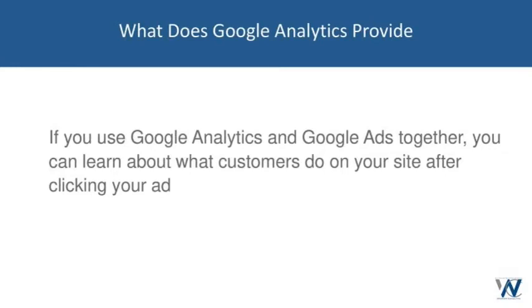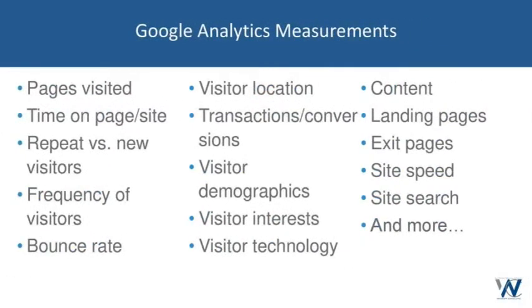If you use Google Analytics and Google Ads together, you can learn what your customers do on your site after they click your ad and even before they make the transaction. That gap of information, from click on the ad to transaction, is data you can take a look at when you're using Google Analytics.